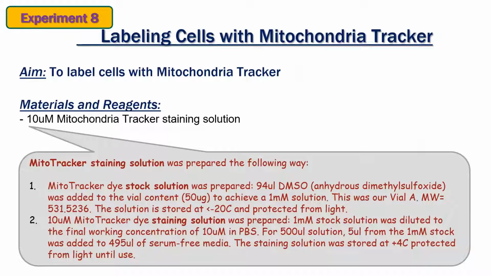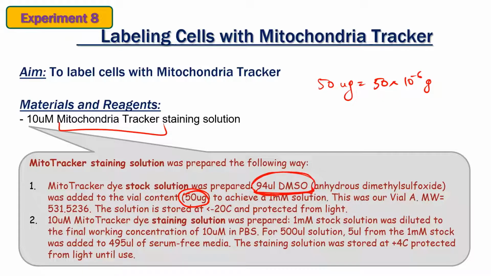Now we're talking about the tracker itself. It comes in a vial as a powder, so you have 50 micrograms, or 50 times 10 to the power of minus 6 grams. And you want to dissolve it in DMSO because you are going to use very small amounts of this stock solution. The DMSO is not going to damage your cells, so don't worry about this part.